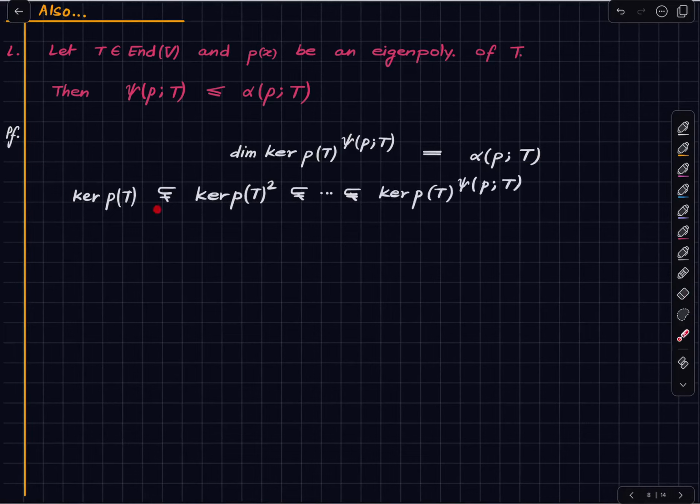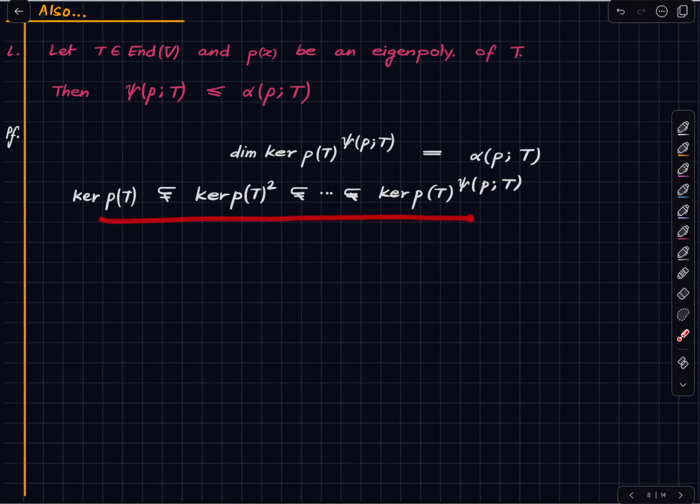Why are these strict containments? Well, because as we showed, psi of T, meaning the saturation exponent, is the largest power of Px dividing the minimal polynomial of T. So all these containments have to be strict, because if at some point equality happens, equality will happen at all the subsequent points, and hence again you can reduce the degree of the minimal polynomial by using the primary decomposition theorem.